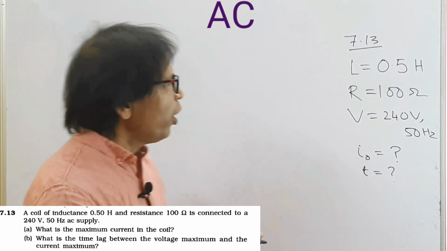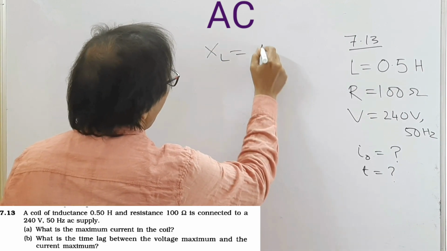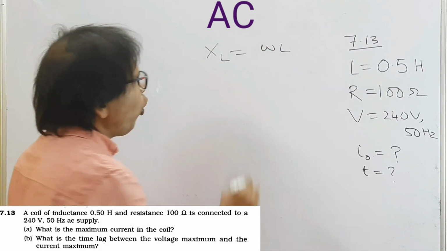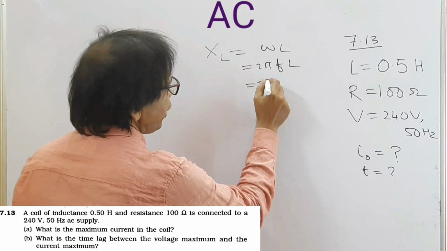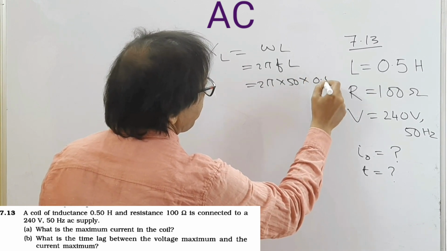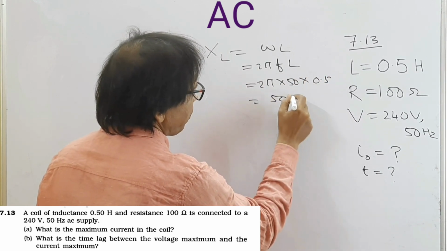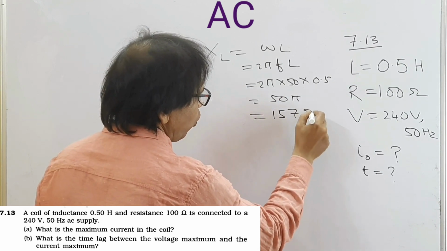First of all, XL equals omega L. Now omega equals 2 pi f, so 2 pi into 50 into 0.5 is 50 pi. Now 50 pi equals 157 ohm.